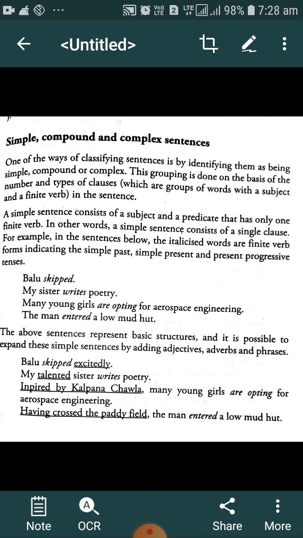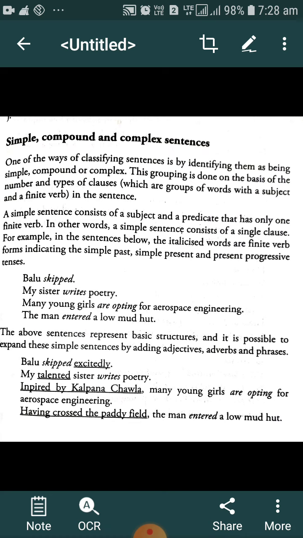A simple sentence consists of a subject and a predicate that has only one finite verb. In other words, a simple sentence consists of a single clause.